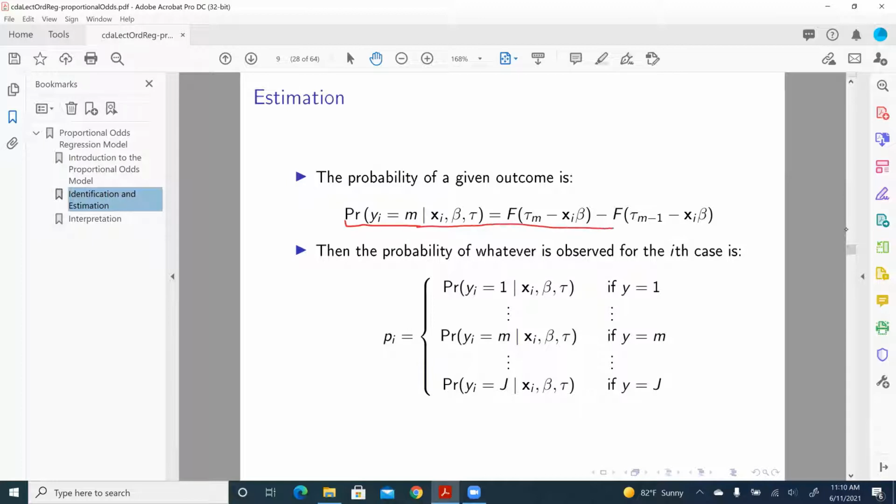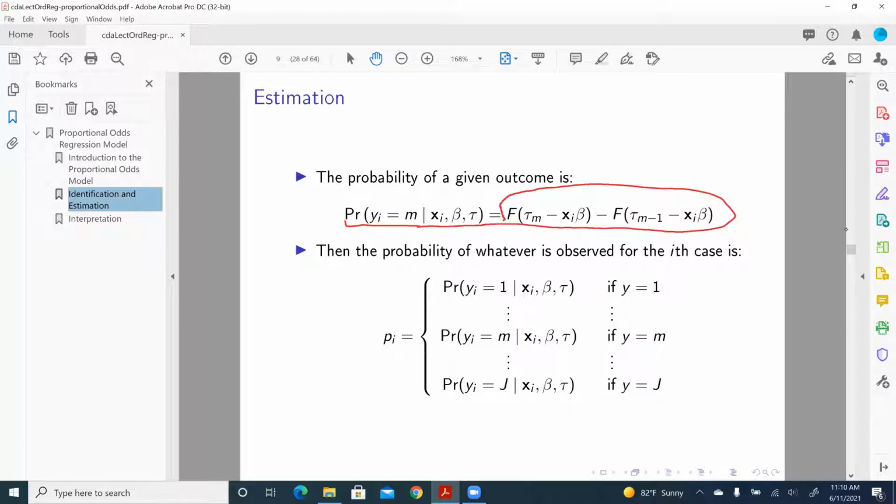parameters can be expressed in this form, a difference of two cumulative density functions. And if the error term in the structural model for y star, that is the latent continuous variable, follows a standard logistic distribution, then we have an ordered logit model.